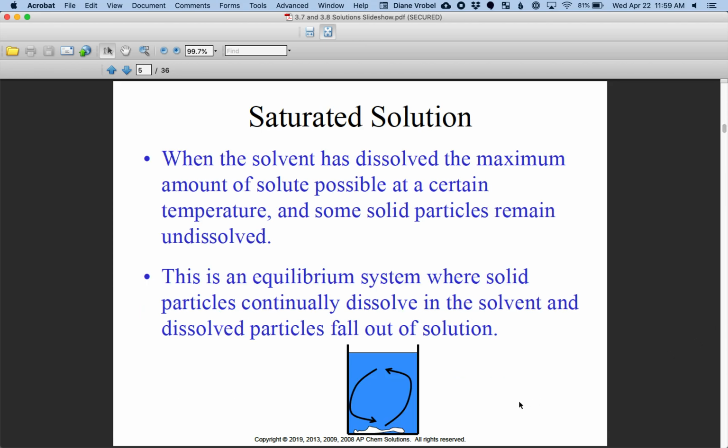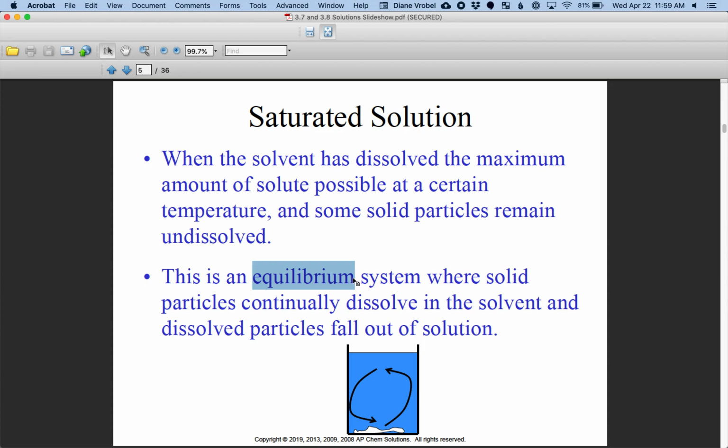Now, like I said, with saturated solutions, and when we talked about the solubility product constants, so we're talking about Ksp, we could have a saturated solution. So we have a salt that doesn't dissolve readily in water. We've seen this before. Notice that it's an equilibrium system, so you see some of the solid dissolving while some of it is re-solidifying.